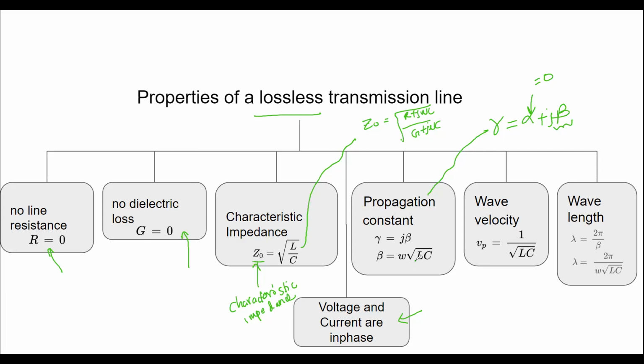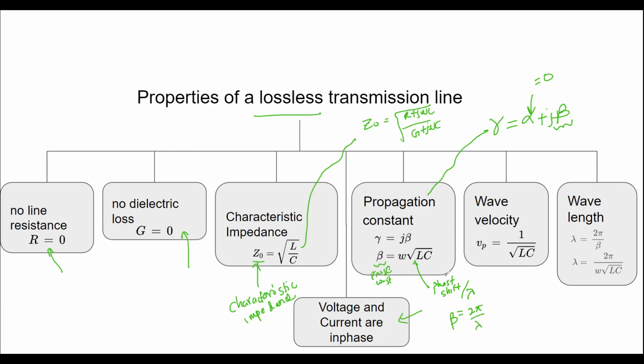And then we have the beta component, which we call the phase constant. The phase constant will be equal to omega square root of LC, and it denotes how much phase shift is happening per unit length when the wave is propagating. It is also denoted by 2 pi over lambda, right?